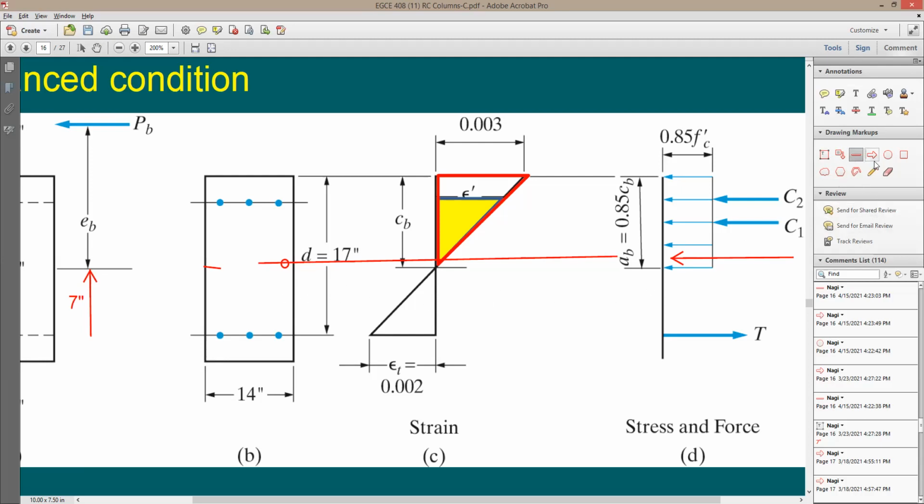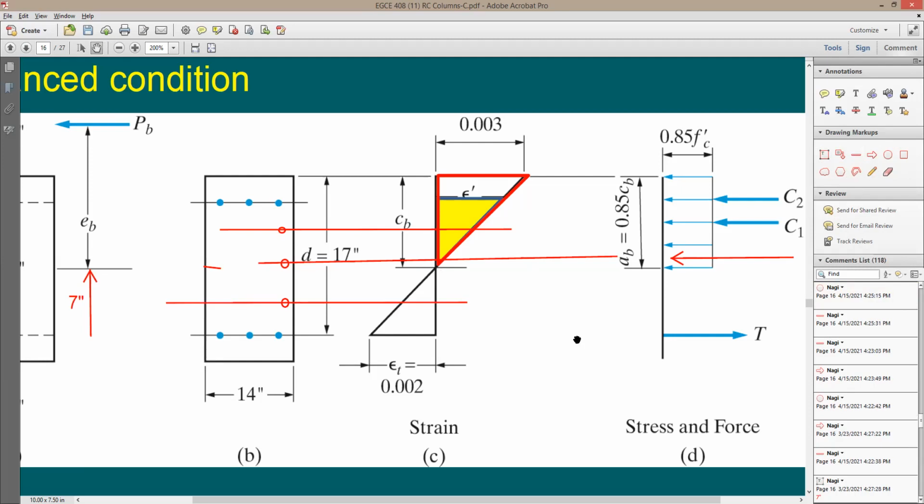So if I have another rebar here at this location, let's say in many columns we do it this way, and also I have another rebar here, the strain in all of these layers is going to be the same. It's going to be this much. The strain here is going to be this much. So I cannot really change the strain here if I'm adding more reinforcing or taking out some reinforcing. This is unlike when you do the FMN for a standard beam.